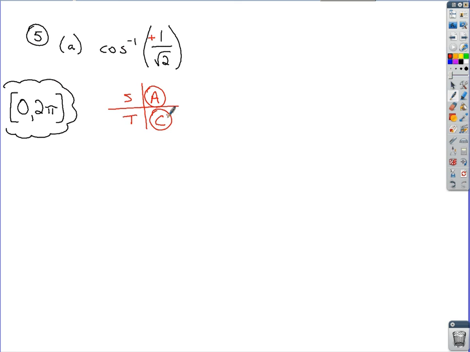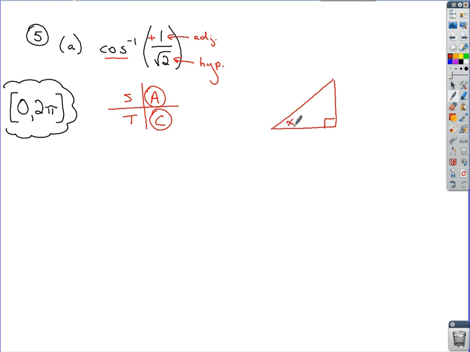Also, since I'm working with cosine, cosine I know is adjacent over hypotenuse. If I sketch out a triangle here, label one of my angles x.